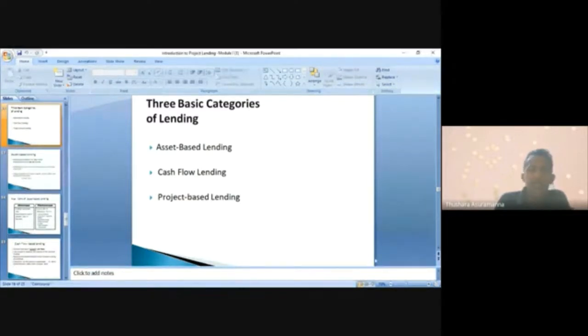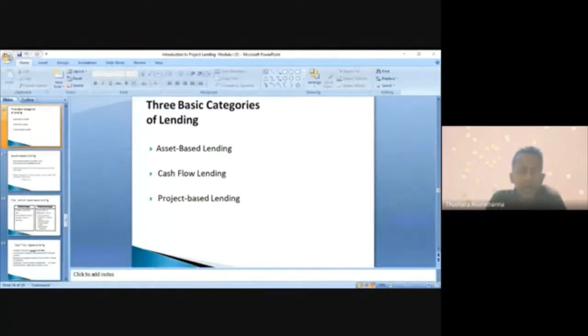Right. So basically, I'll just touch on what we did last week: asset-based, cash flow-based, project-based lending. There are 3 areas that we want to study, and on top of that, there was one thing, which is fee-based lending. Fee-based lending is where the bank is offering contingent liability, off balance sheet products to the customers.